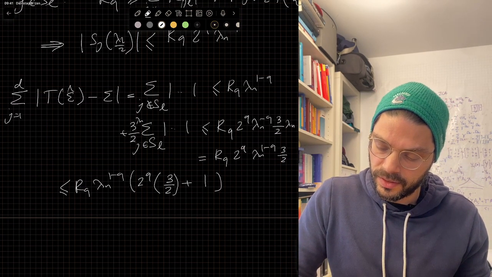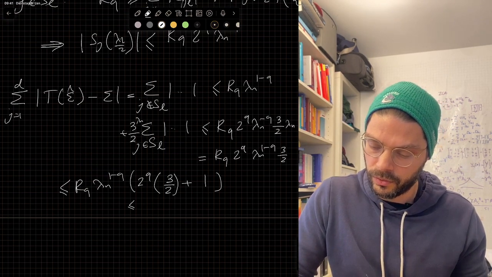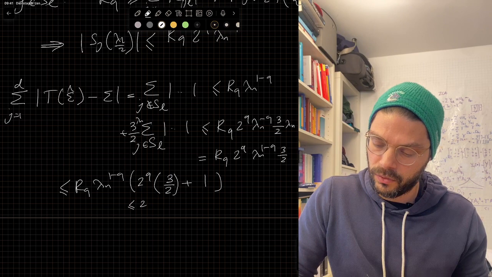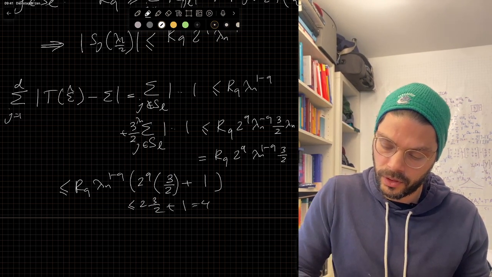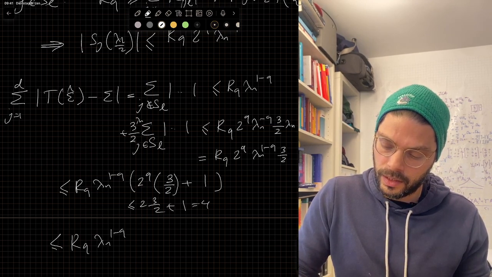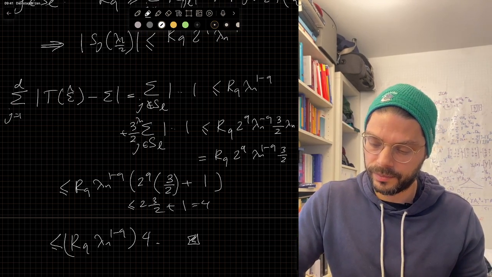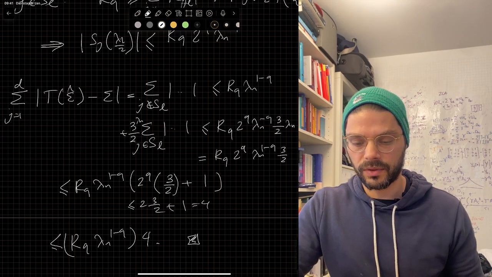And then since 2 to the Q is going to be less than or equal to 2, it's going to be less than or equal to 2 times 3 halves plus 1, this particular component, which is equal to 4, we end up with the overall result that we were after. So that's how we get this result.